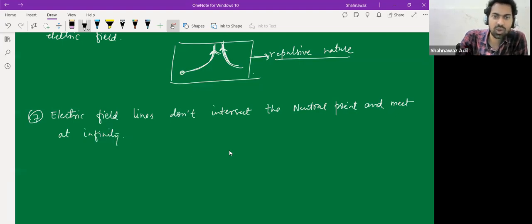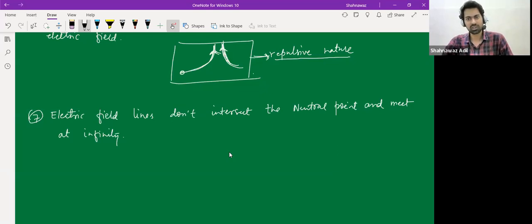So what are the neutral points, guys? What is the neutral point for the case of electric field?